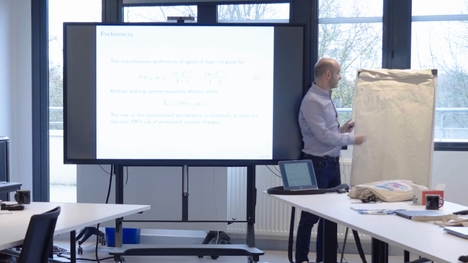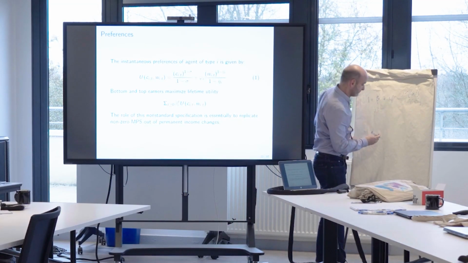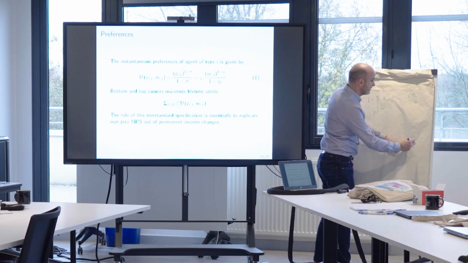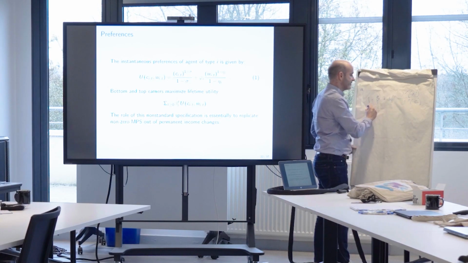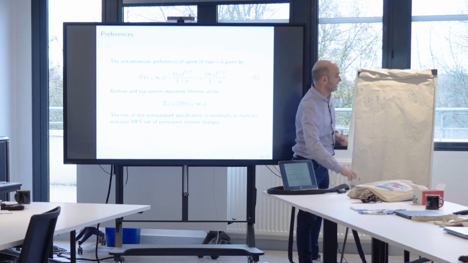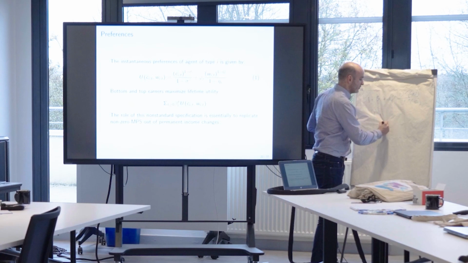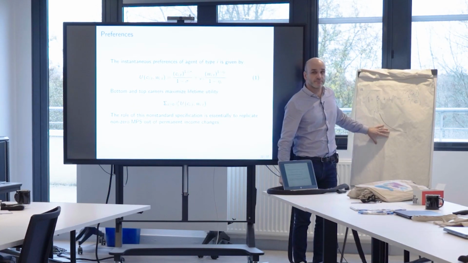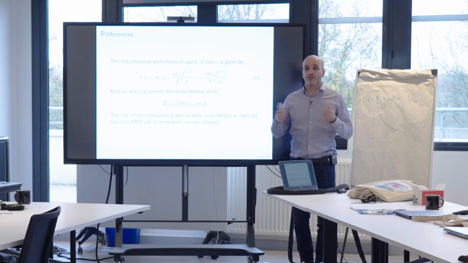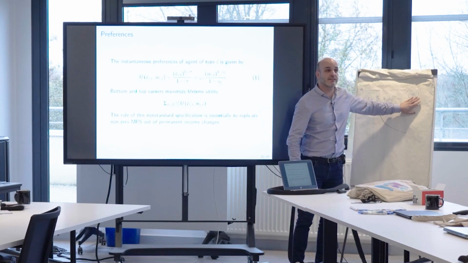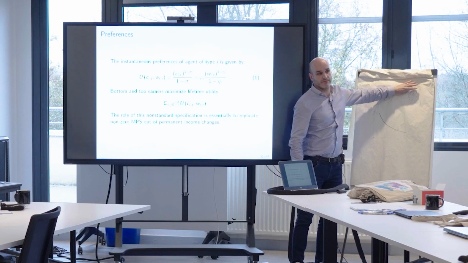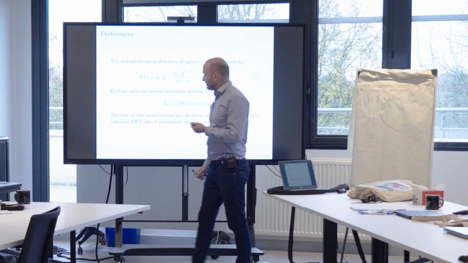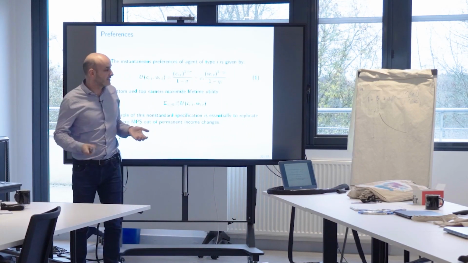It tells you that at the steady state, our agents, to be happy, need consumption and wealth to be commensurate. So the iso-utility curves are something like this. If you have one agent and his consumption increases, then he also wants to be richer. And that's the source of the effect that we had before.